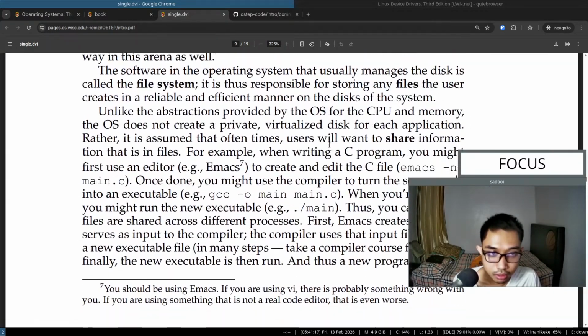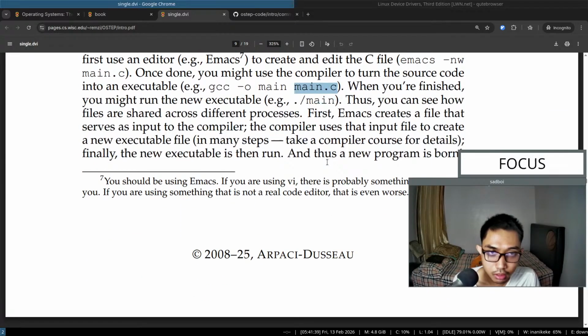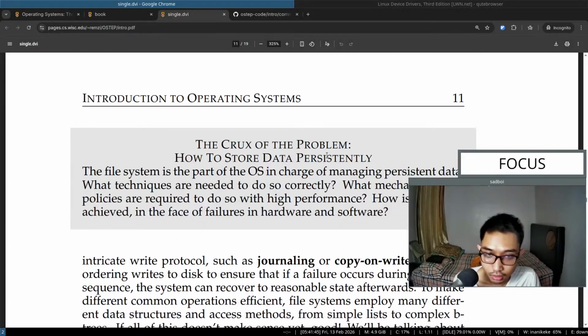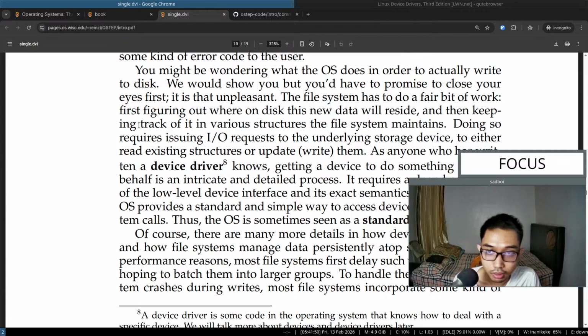Again, for example, in this one, right, the main.c file is accessed by Emacs and also GCC. So the operating system keeps track of the main.c state, I guess.